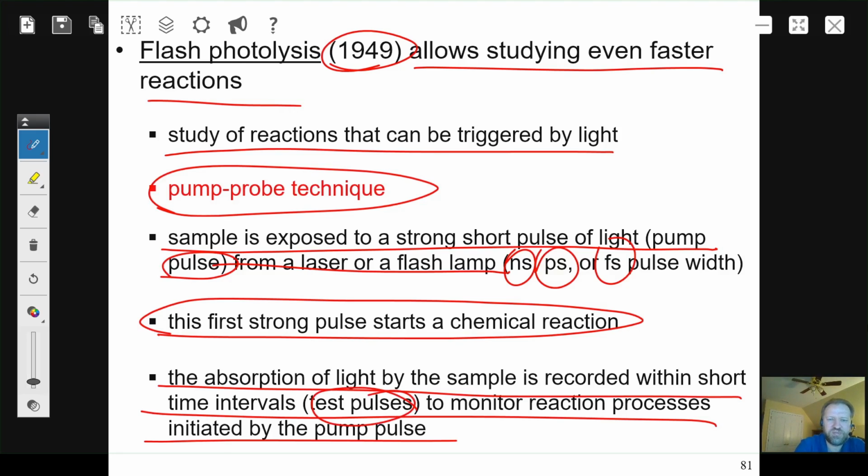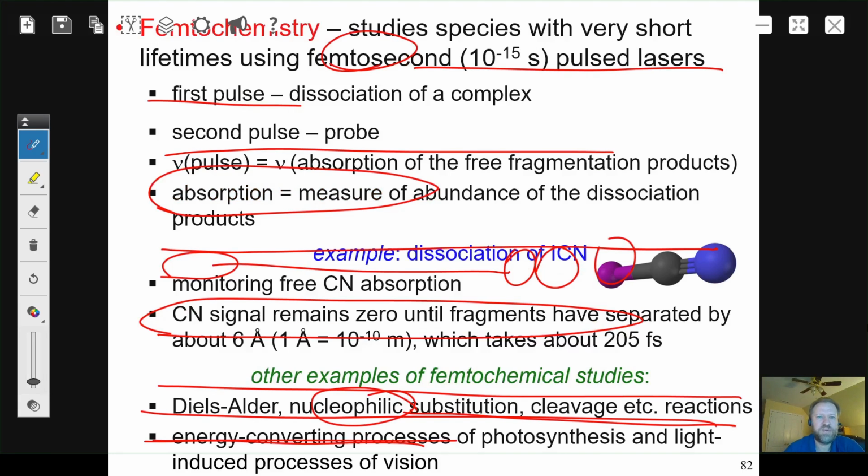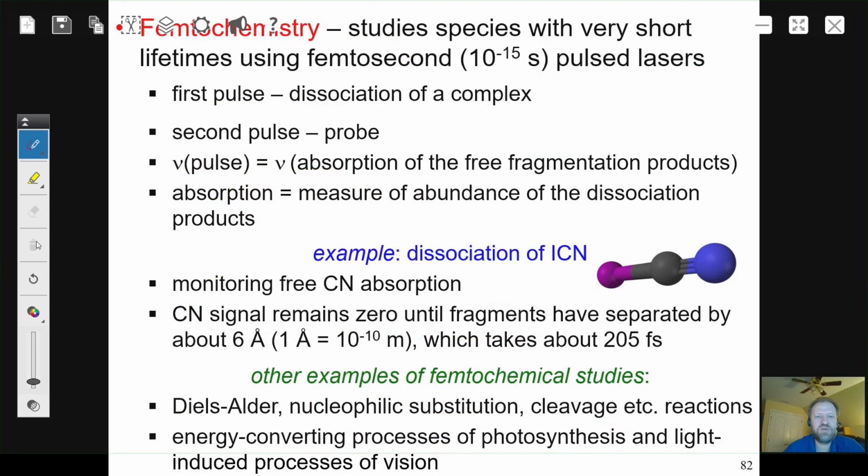Test pulses, those probe pulses, are used in order to monitor reaction processes initiated by the original pump pulse. As we already mentioned, femtochemistry is a study of species with very short lifetimes, on the order of femtoseconds, using femtosecond pulsed lasers. Apparently, I think they're even moving to attosecond pulses, but again, don't quote me on that.